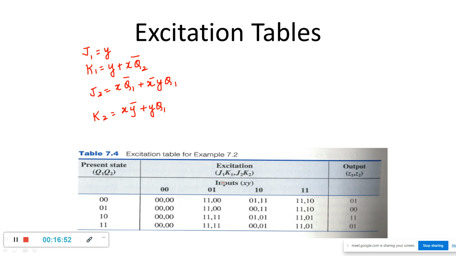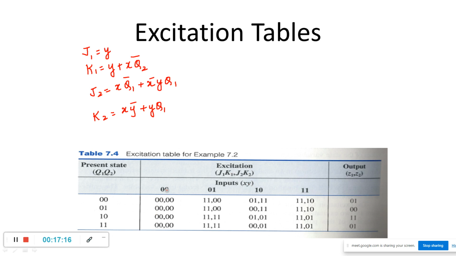So again, what you have to do here is input values will change: 0 0, 0 1, 1 0, 1 1. Present state values will change: 0 0, 0 1, 1 0 and 1 1. So J1 equal to Y, right? First Y value, what is it? Just write it: 0 0 0 0.